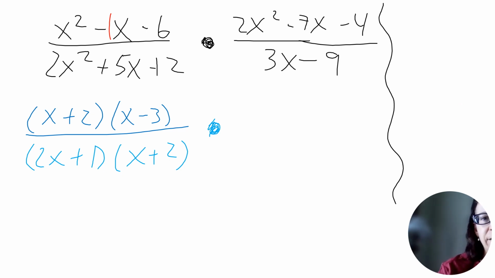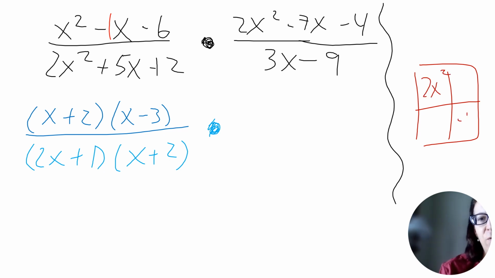All right, next one. We've got 2x squared and -4. And again, we have that leading coefficient, so we have to do 2 times -4 to get -8, and I want two factors of -8 that add up to -7. That'll be a +1 and a -8.